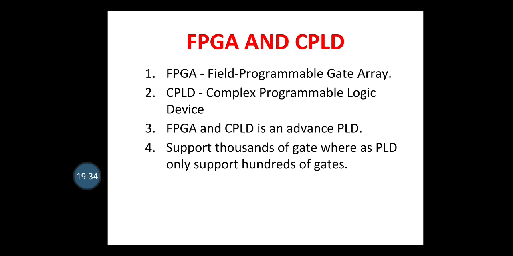FPGA and CPLD. The full form of FPGA is field programmable gate array and CPLD is complex programmable logic device. FPGA and CPLD are advanced programmable logic devices. They support thousands of gates whereas simple PLDs only support hundreds of gates, and therefore FPGA and CPLD have an advantage over simple programmable logic devices.